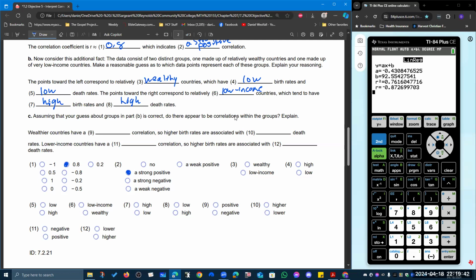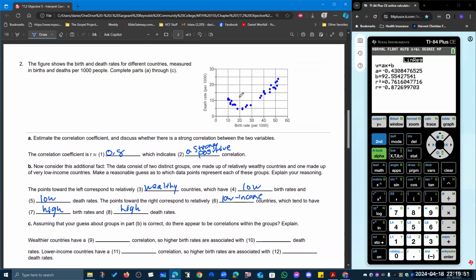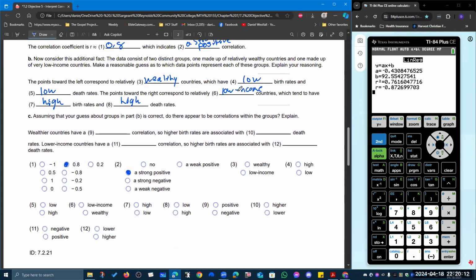So assuming that your guess about the groups in part B is correct, does there appear to be a correlation within the groups? Explain. So we would see that if this is a group down here, the wealthier countries should have a negative correlation, and the poor nations should have a positive correlation.